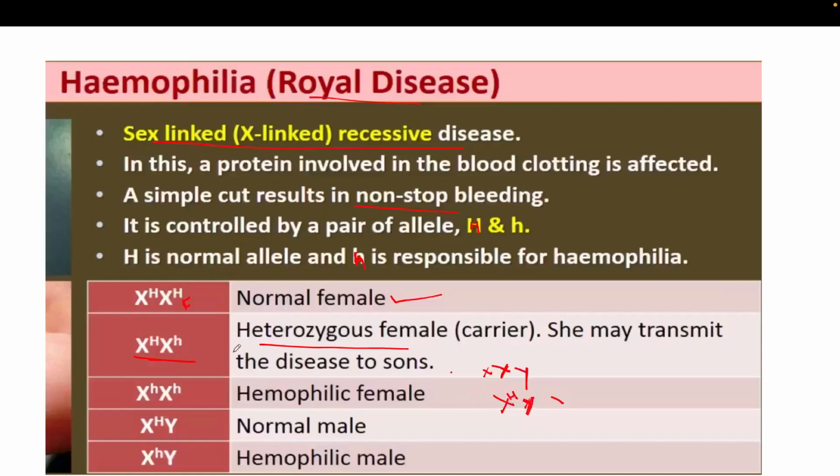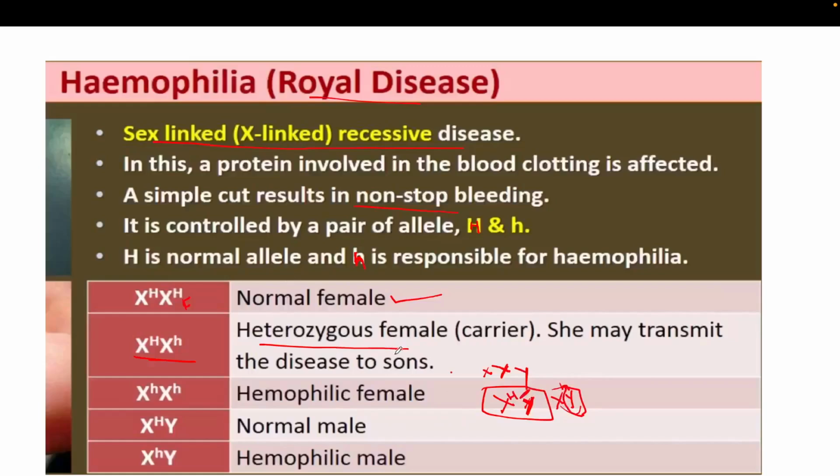The other will again be X and Y. So 50% will be affected and 50% will be normal, because here capital H will come and in this X small h will come, so this will be affected and this will be normal, right?